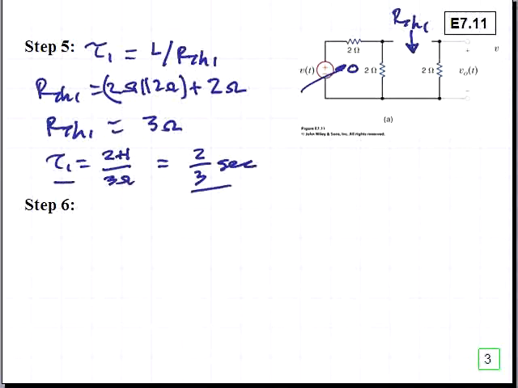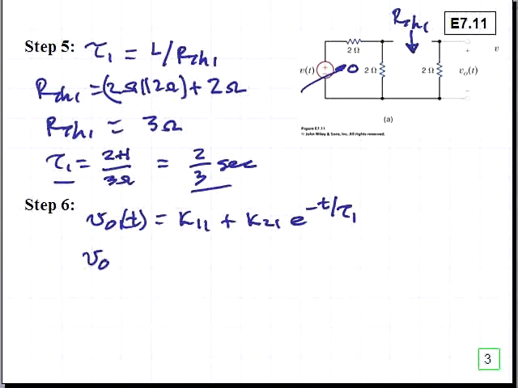In step 6, we put this all together, and we have again our assumed form of the solution. vO1 of t is equal to K11 plus K21 e to the minus t over tau 1.